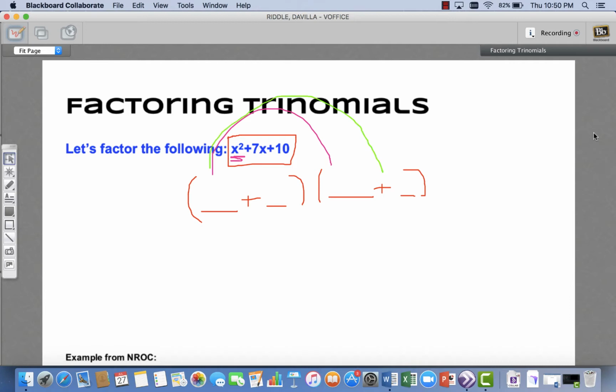And then we want the multiplication product for these two terms, the green, to add up to each other when multiplied. And then lastly, we want these two terms to equal 10 when we multiply it together. So what two variables when multiplied together will give us x squared?